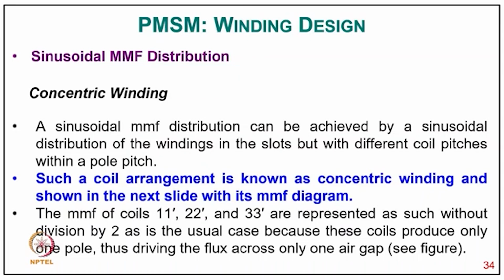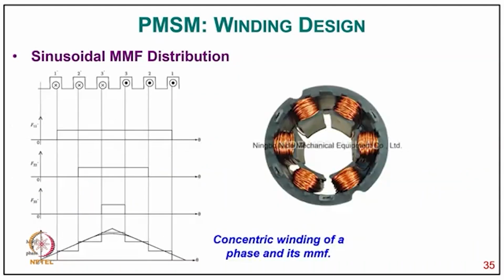The MMFs of the coils 1', 2', and 3' are represented without division by 2, and it is a useful case because these coils produce only one pole, thus driving the flux across only one air gap.